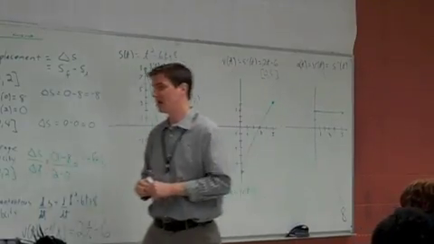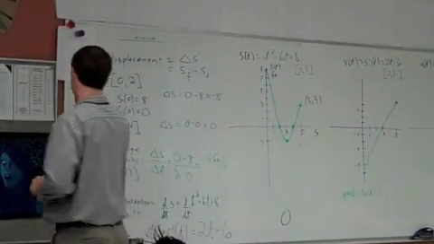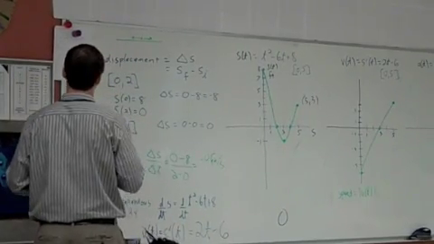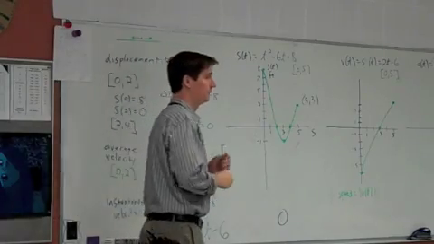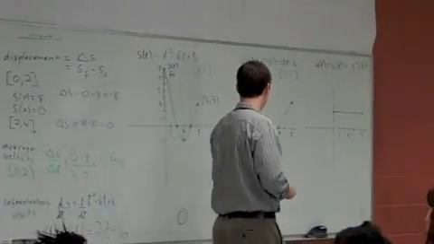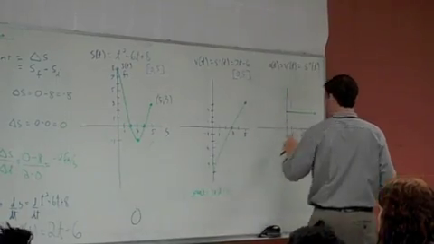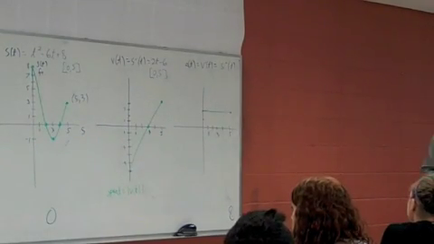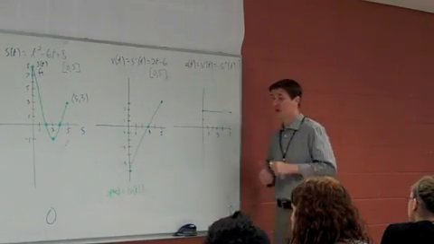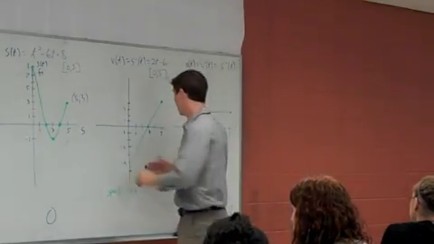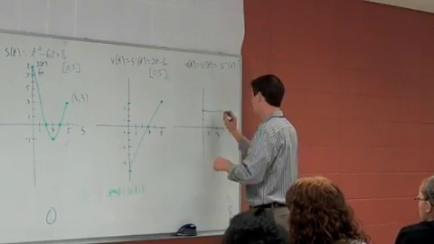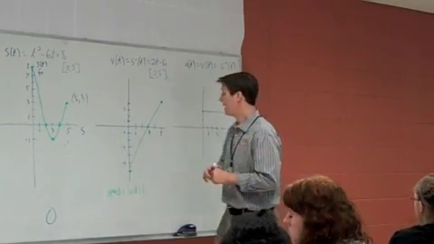What happens from 0 to 3 seconds? According to this graph, and according to this graph. What's happening from 0 to 3 seconds as far as speeding up and slowing down? Looking at my velocity graph, and looking at my acceleration graph.